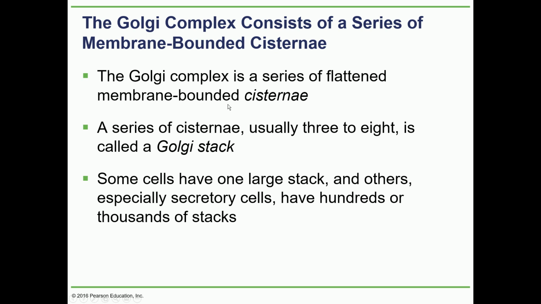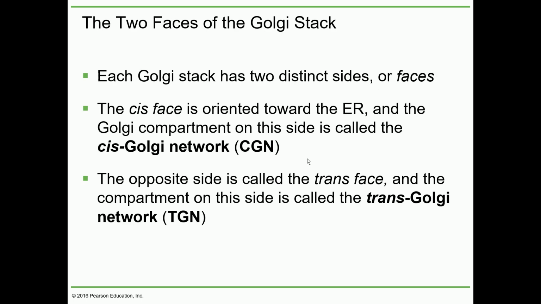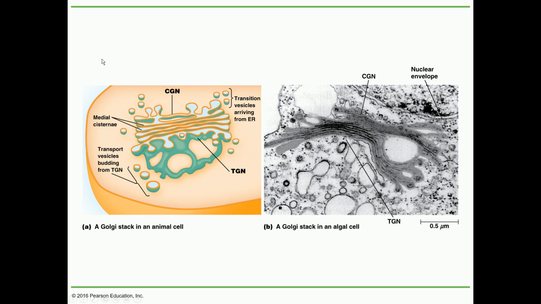You know the structure of Golgi: they are a series of flattened membrane-bounded cisternae, and usually there are 3 to 8 cisternae, and that makes a Golgi stack. If you look here, you can see that these are the cisternae of the Golgi apparatus.